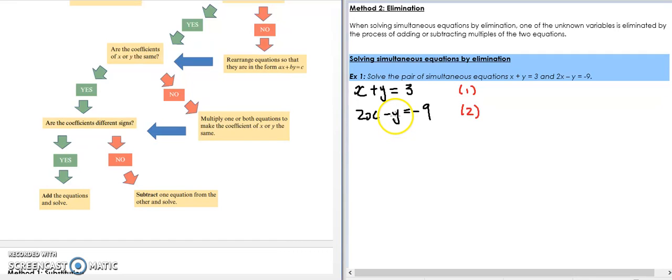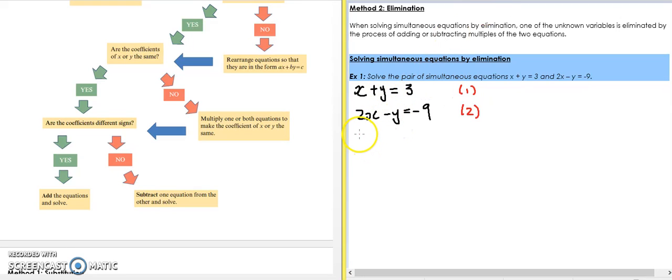So you can answer yes. The coefficients of y are the same. Are the coefficients different signs? Well, they actually are. This y has a plus and this y has a minus, so because these two signs are different, I can answer yes. So what we're going to do is add the equations and then solve. And when we add these equations, the y itself will get eliminated.